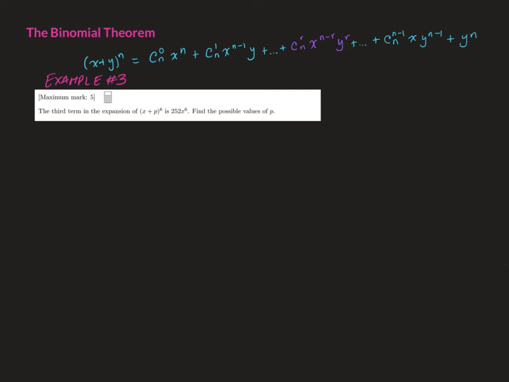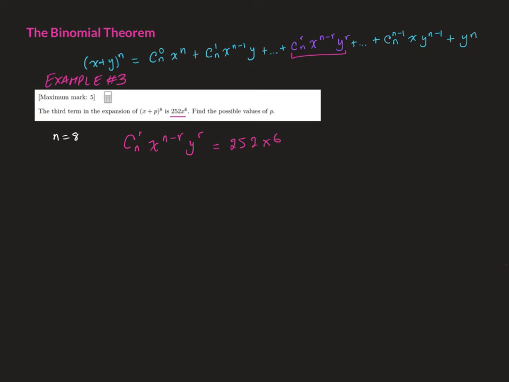In this problem, the maximum power, n, is going to be 8. And since we are given the information for one term of the expansion, we need to work with the definition of each term. So I'm going to create the equation C(n,r) x to the power of n minus r y to the power of r. This should be equal to 252 x to the power 6.